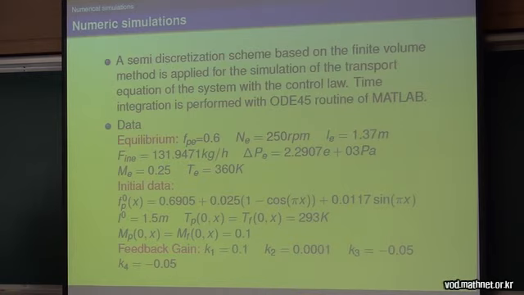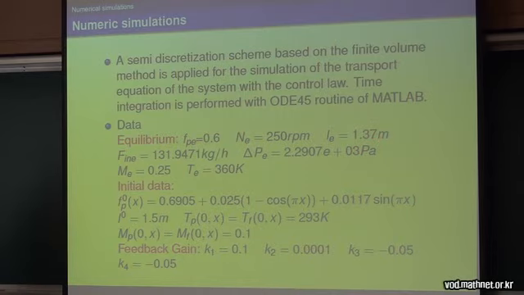And as a supplement to the theoretical results, we also did some numerical simulations. The typical equilibria can be 0.6, and the position of the interface at the equilibria is 1.37 meters.